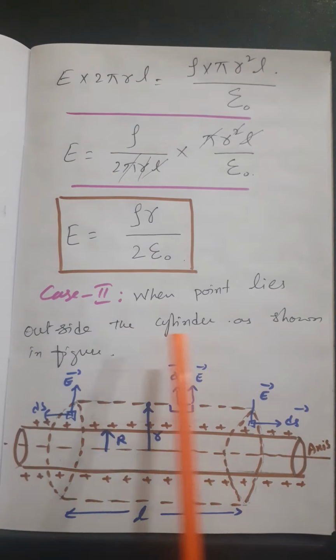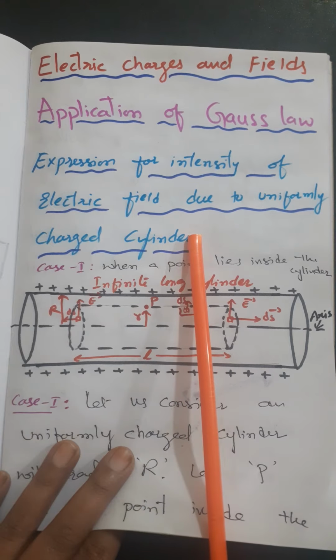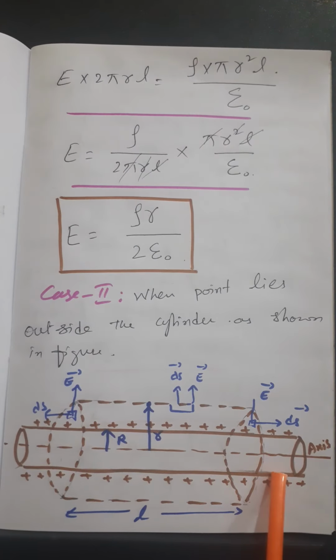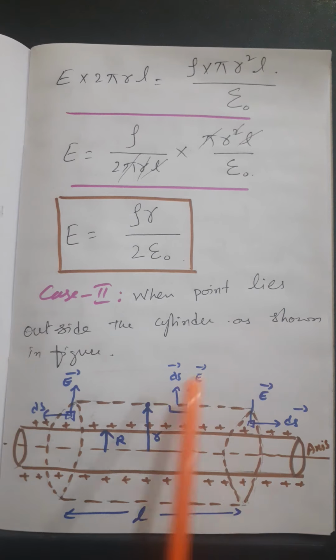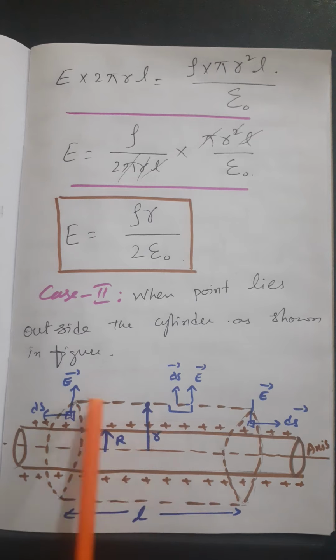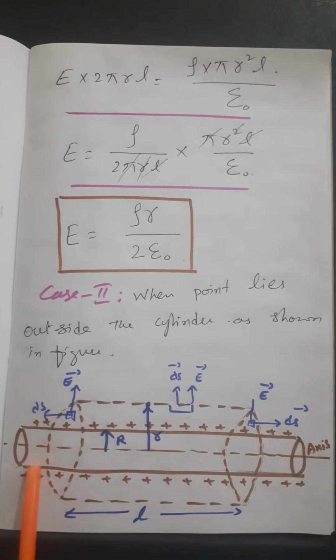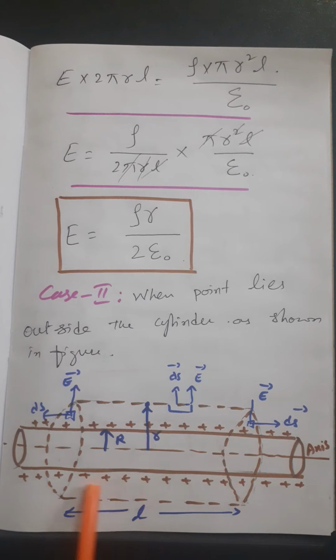Now we have to consider the situation when the point P lies outside the cylinder. Here the situation will be like this. When the point lies outside the cylinder, as shown in the figure, again we have to draw the coaxial cylinder.